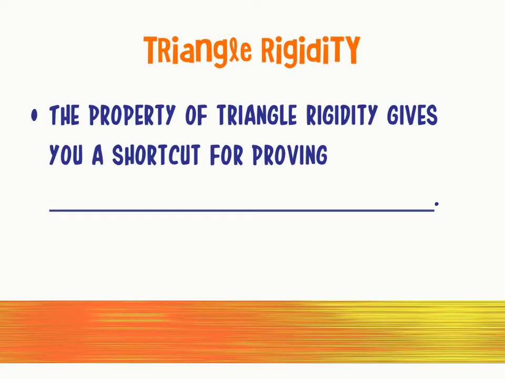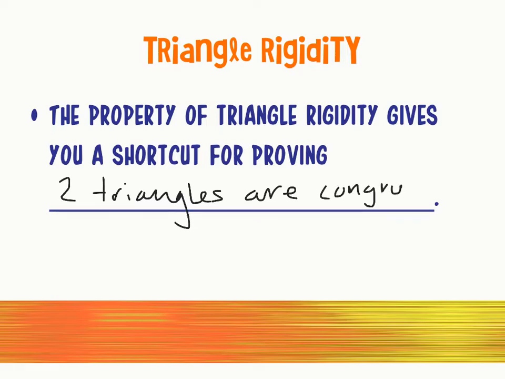The property of triangle rigidity gives you a shortcut for proving that 2 triangles are congruent. Triangle rigidity states that if the side lengths are given, the triangle can only have one shape.